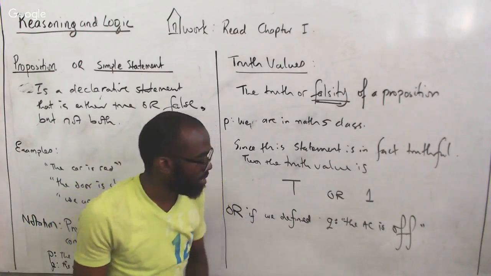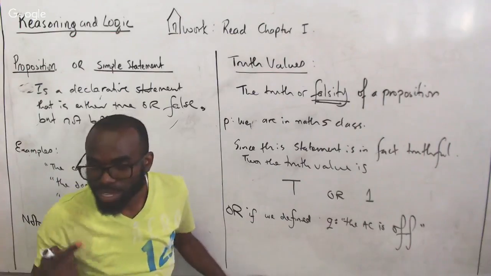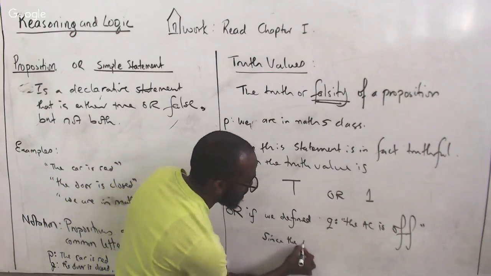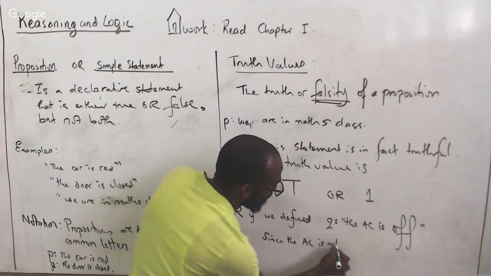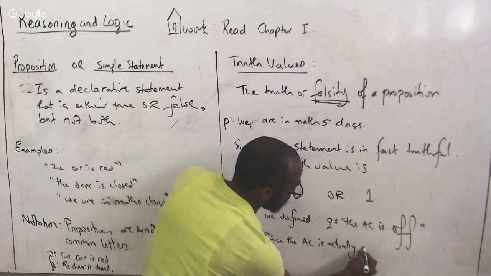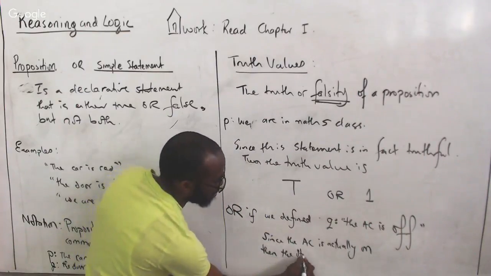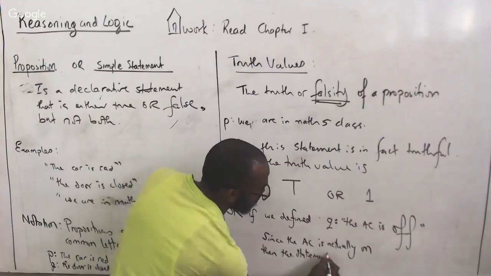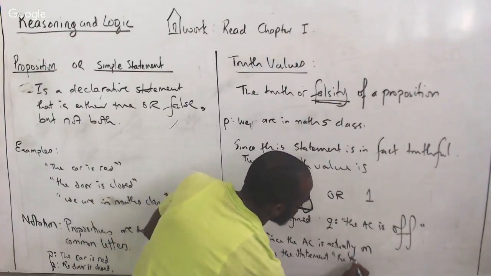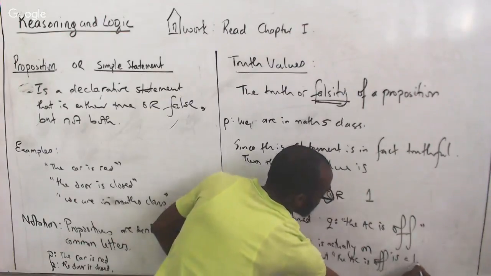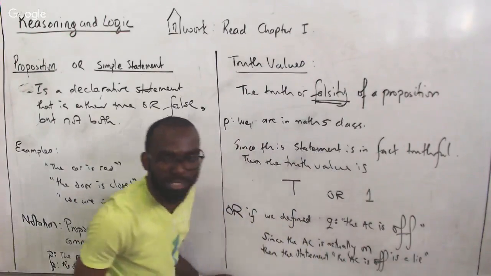So the AC is off. In this case, we can see that the AC is on. So since the AC is actually on, then the statement, the AC is off, is a lie, is false.